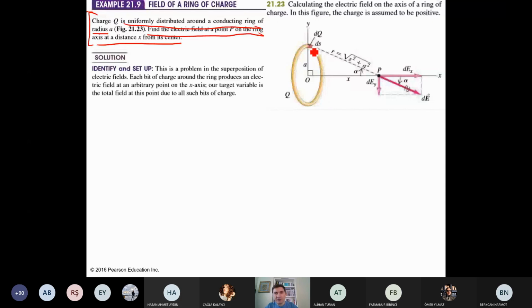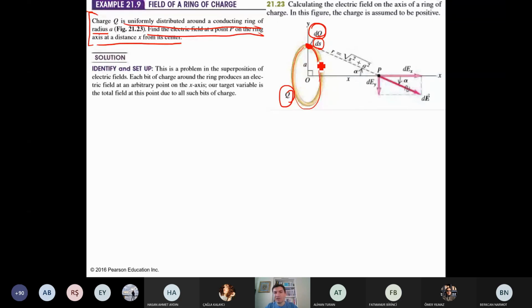Here, I choose a very small segment of the ring, and the length of this segment is ds. And the charge of this segment is dq, okay? What about the total charge of this ring? The total charge of this ring is Q, okay? But I'm dealing with a very small segment here located at this position. It has a certain very small ds, an infinitesimal segment.